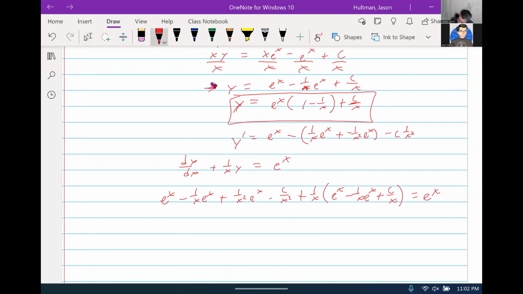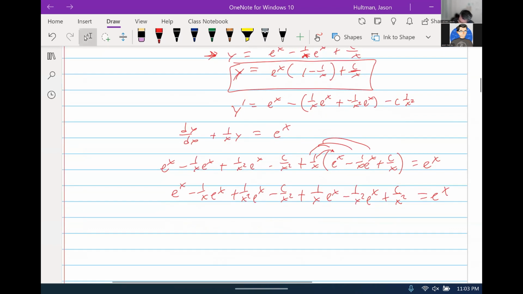Okay, let's see if this works. So we're going to distribute the 1 over x. Okay, and we will get e to the x minus 1 over x e to the x plus 1 over x squared e to the x minus c over x squared plus distribute. We get 1 over x e to the x minus 1 over x squared e to the x plus c over x squared equals e to the x.